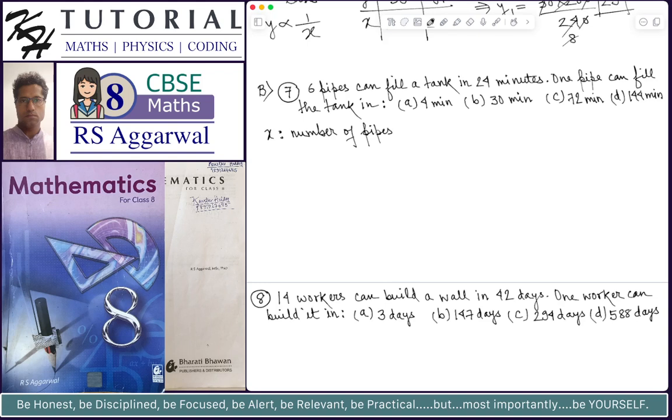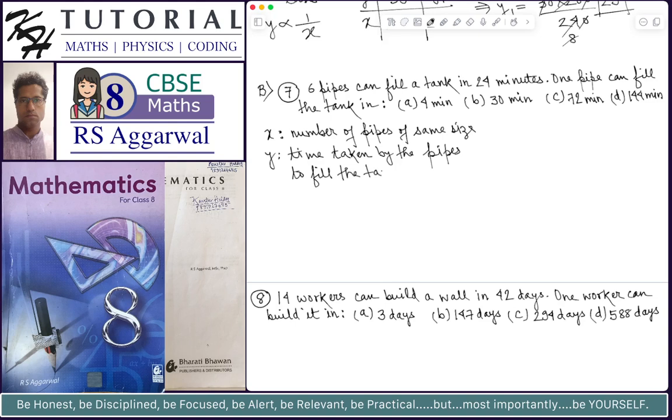So x is the number of pipes of same size. Now y is the time taken by the pipes to fill the tank.